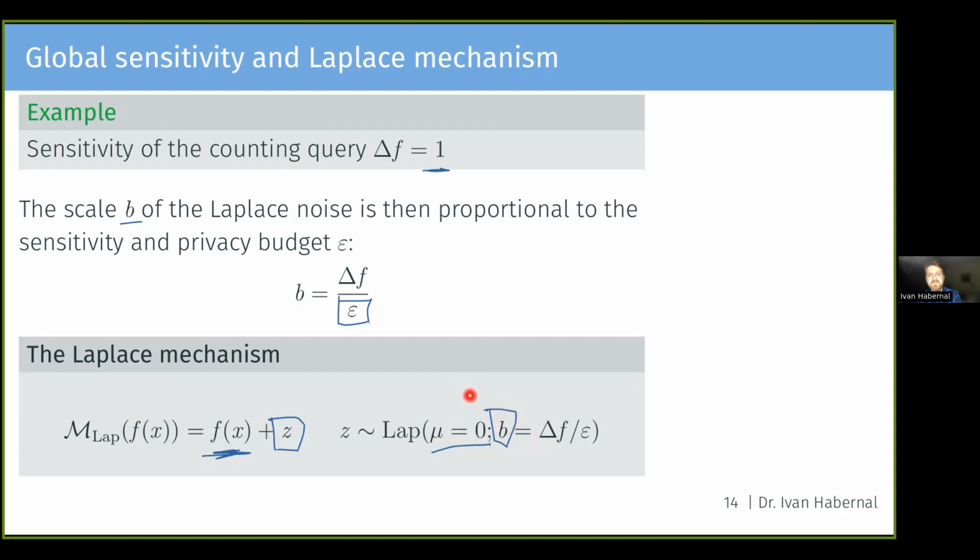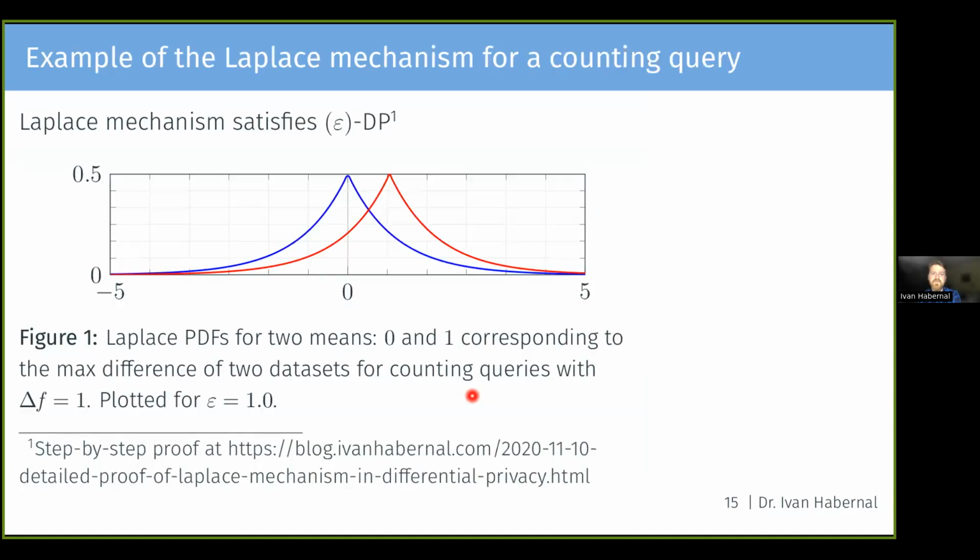We can visualize this Laplace mechanism. For example, here we have two Laplace distributions with two means. So we would have maybe a counting query, and this would be the draw for x, and this would be the draw for x prime.